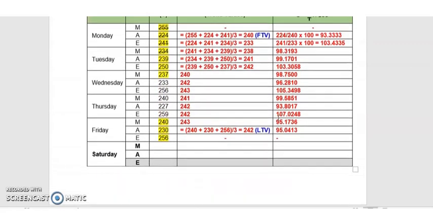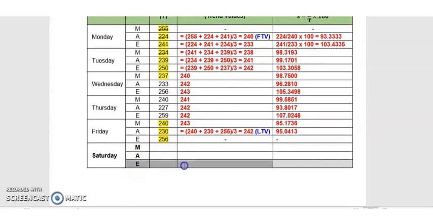Look at the first table. We want to forecast the evening shift on Saturday, so n ways from the last trend value means here t equals 1, t equals 2, t equals 3, and the last one t equals 4. This is what is meant by n ways from the last trend value to the forecast time.